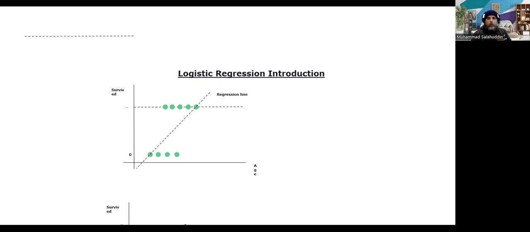Especially with logistic regression, we have, for example, two classes where the object can either be part of class 0 or class 1. Let me take an example. Consider a very famous data set related to the Titanic, where we have a bunch of people who were on board, and we want to predict who is going to survive and who is not.